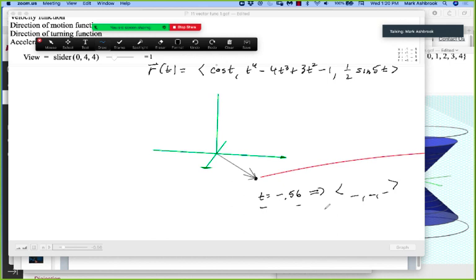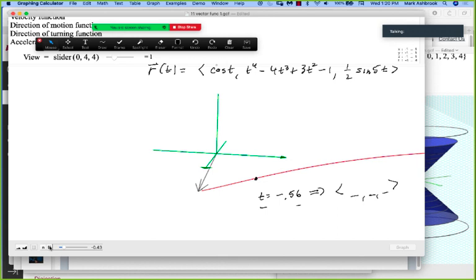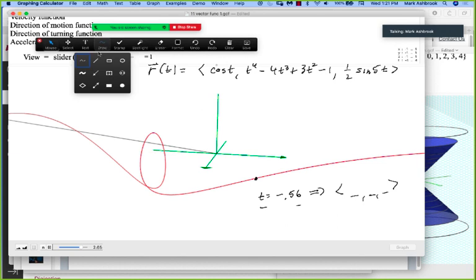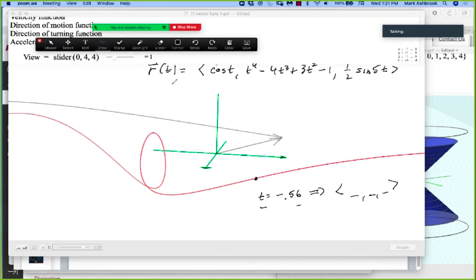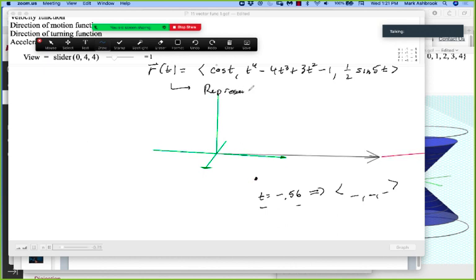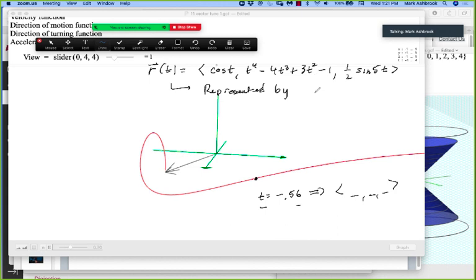When you sweep out all the points for the different values of t, you get a curve in space. So a representation of a vector function is a curve in space, and that curve comes from the vectors we get in the function.